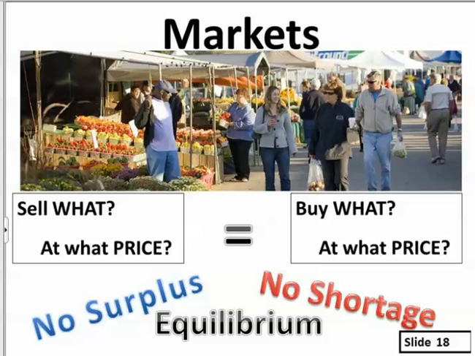And on the flip side, there are no buyers who want to buy product at that price who cannot find a willing seller to sell to them. So there's no shortage. So by definition, a perfectly competitive market is the most efficient market when it reaches equilibrium, because there will be no surplus of product and no shortage of product.